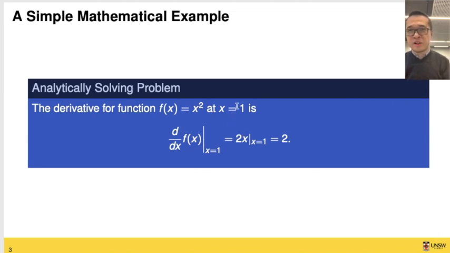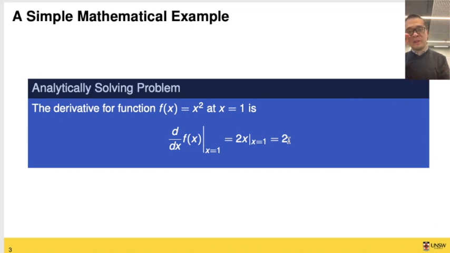And if you want to know the derivative at x equal to 1, you basically plug in x equal to 1 into 2x. That gives you a value of 2. That's very simple. But in many computational problems, it's not so common that you can differentiate analytically.